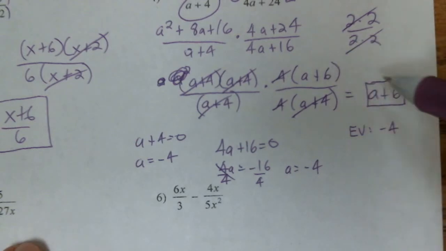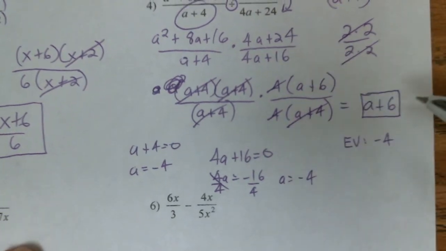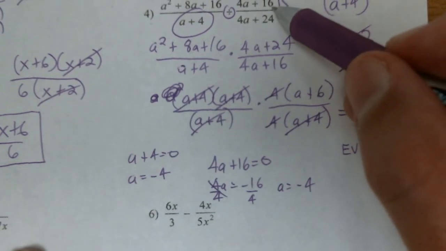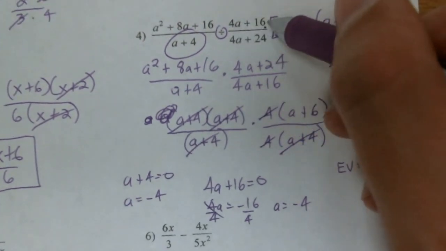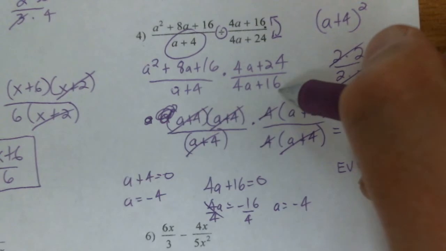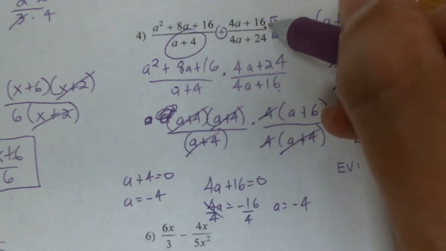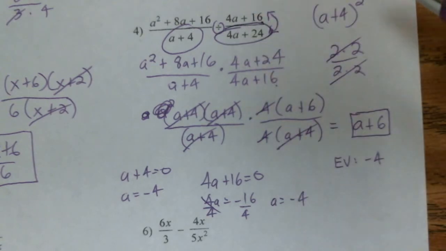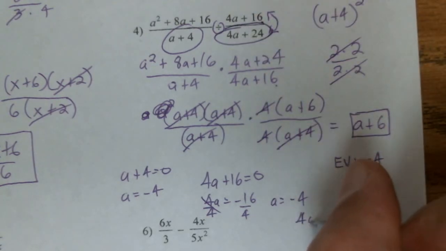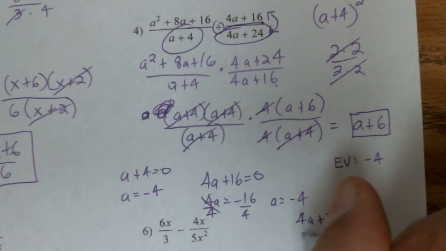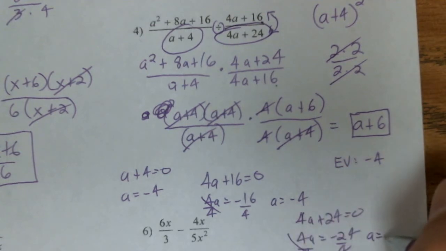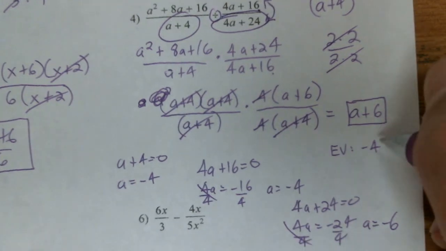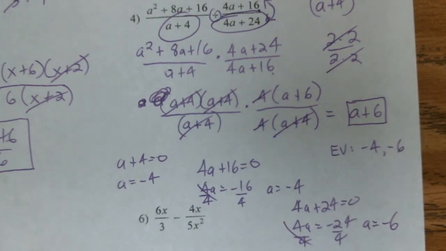In this case, it doesn't really matter because one of our EVs was already negative 4, but you have to go through this process. Now, after I flip the fraction, this 4a plus 16 is on the bottom, and the 4a plus 24 is on the top. So I have to look at this guy as well, 4a plus 24, and set that equal to 0. 4a equals negative 24 divided by 4. In that case, I get a negative 6. So my EV would also be negative 6 in this case.